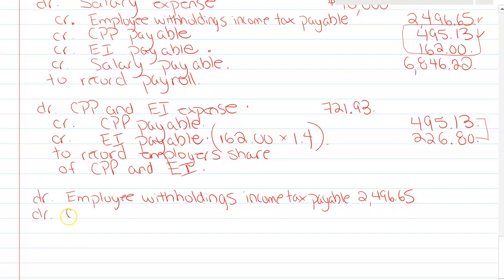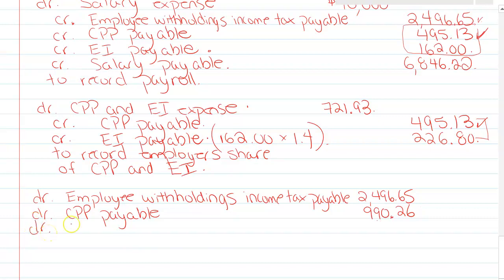And now I'm going to debit CPP payable. But I have to do that for the $990.26, because it's in here at $495.13 plus another $495.13. So if I want to reverse that out, it's a total of $990.26 to bring it to zero.